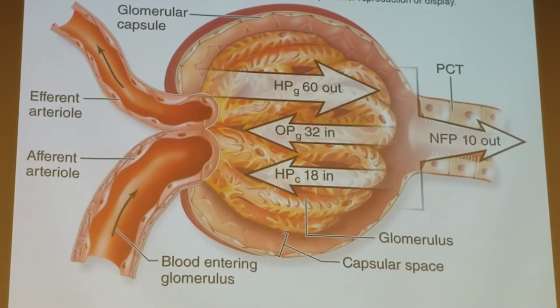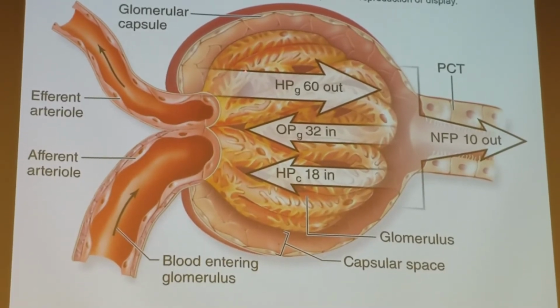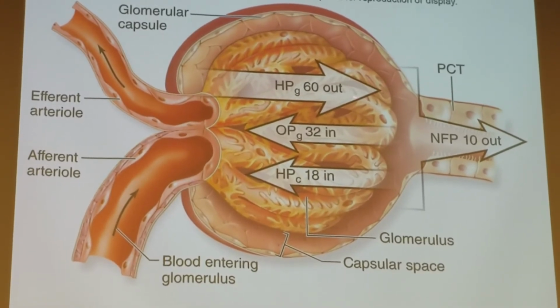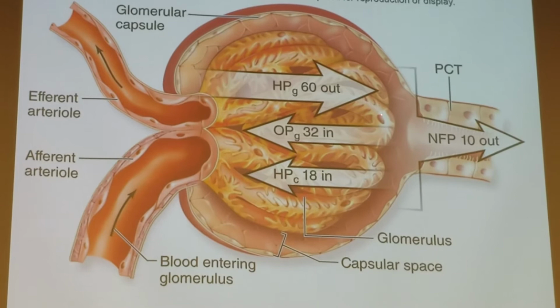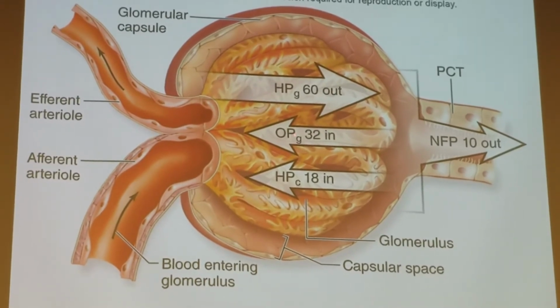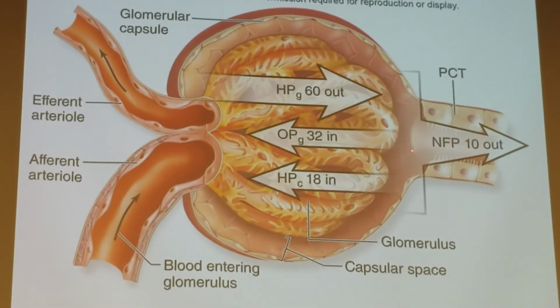This is a capillary bed that has an exceptionally high blood pressure. It needs that high blood pressure because we have 60 millimeters of blood pressure trying to push the plasma out through the glomerulus. But like in a capillary, there are colloids in the blood trying to keep the water in.